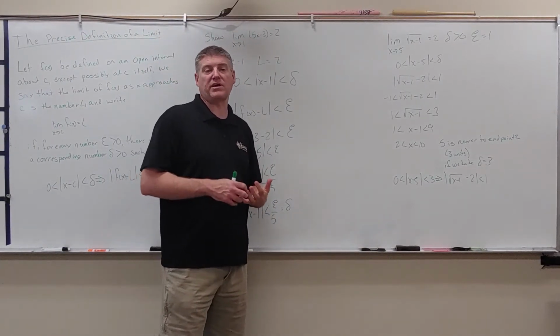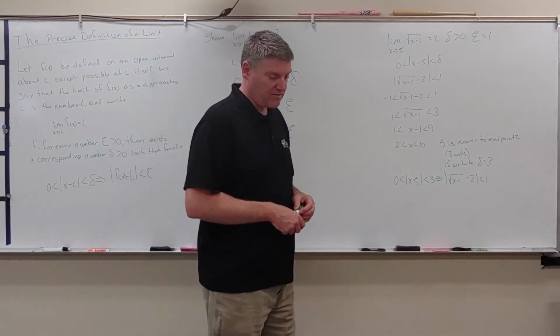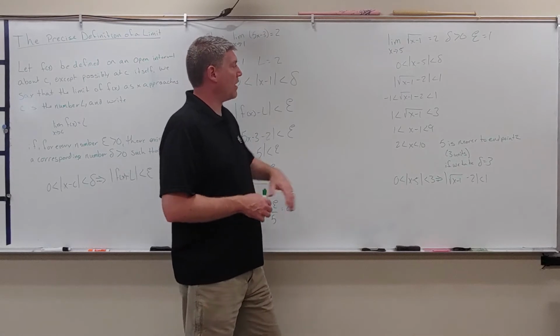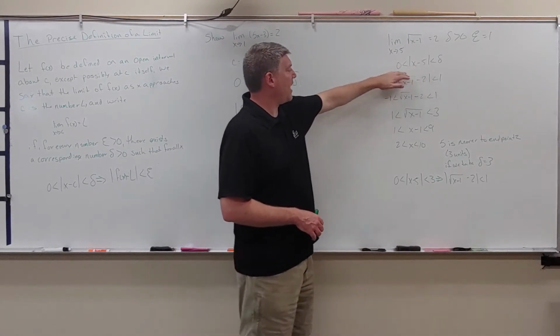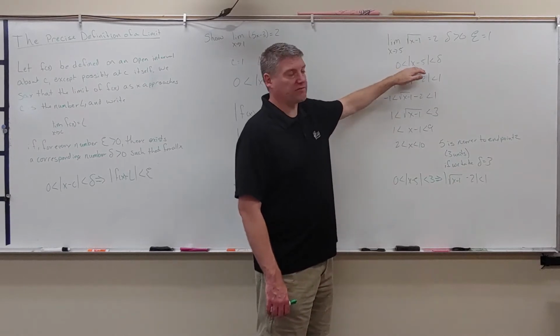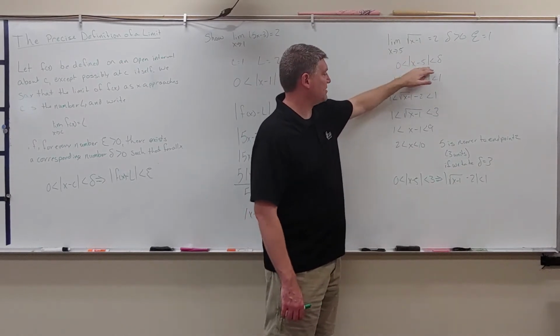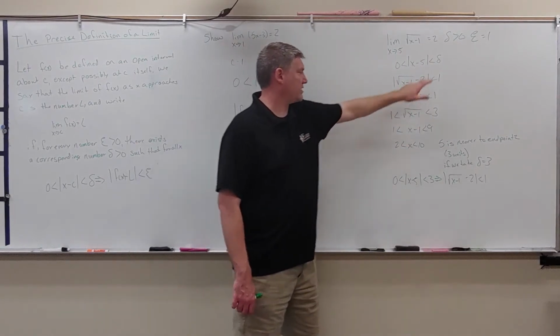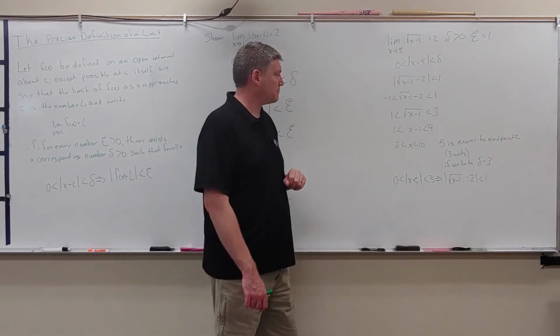So we're actually picking a very specific value for epsilon. Epsilon is going to be 1. Okay? So we're going to plug this back into that x minus c. So here I have 0 is less than the absolute value of x minus 5, because that's my c, is less than delta. And we're trying to find that delta.